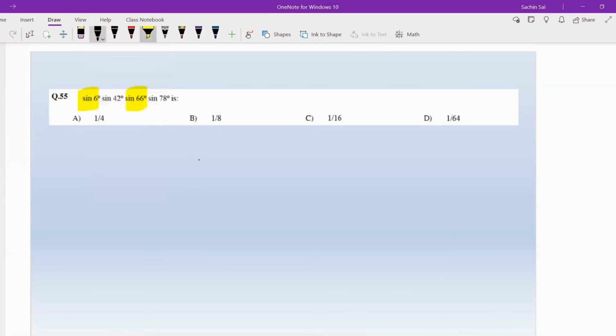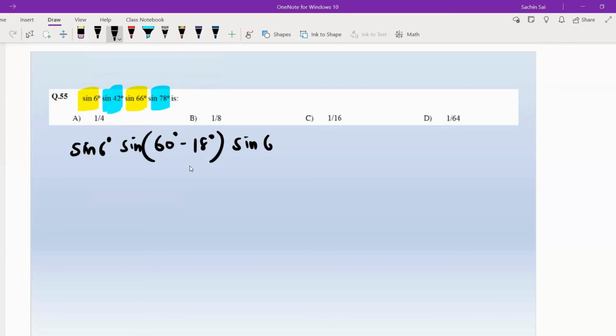Similarly, if I take 42 degrees and 78 degrees, I can write 42 degrees as 60 minus 18 and 78 degrees as 60 plus 18. So the given expression is sine of 6 degrees into sine of 60 minus 18 into sine of 60 plus 6 into sine of 60 plus 18 degrees.